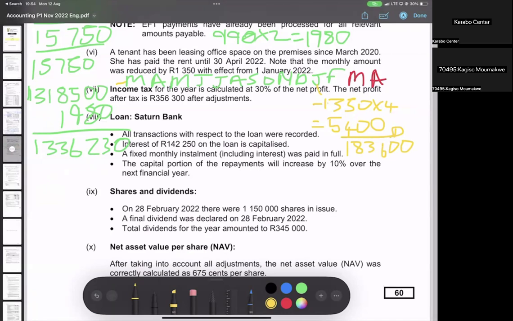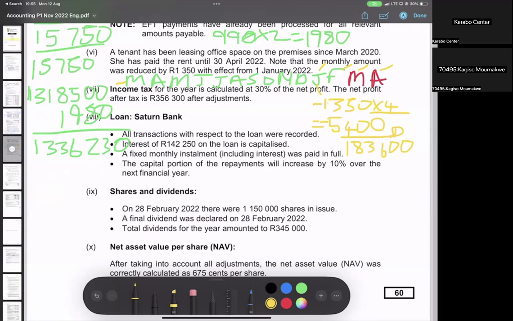So for us to get the rent per month, we have to take it back to the original. How do we take it back to the original? Because it was reduced by 1,350, now we have to add back those 1,350. So how many do we have to add back? We have to add back January, add back February, add back March, add back April. So we already times by 4, which gives us 5,400.